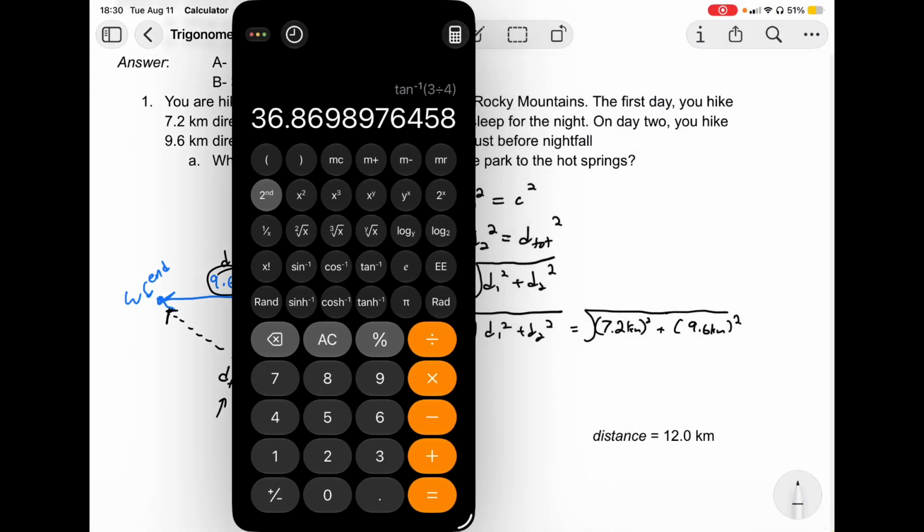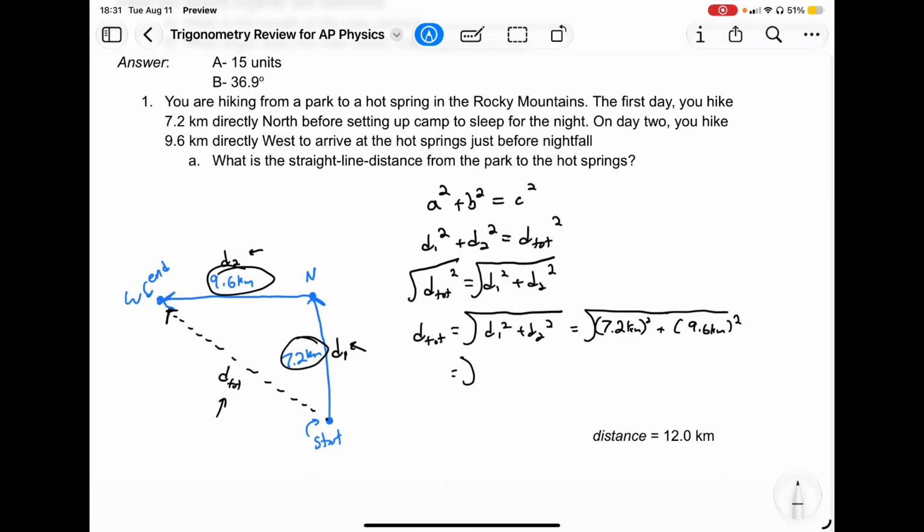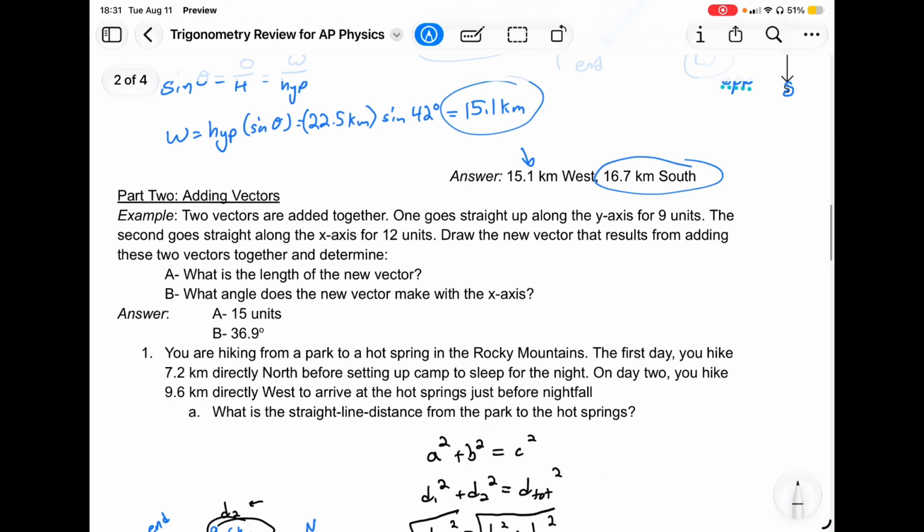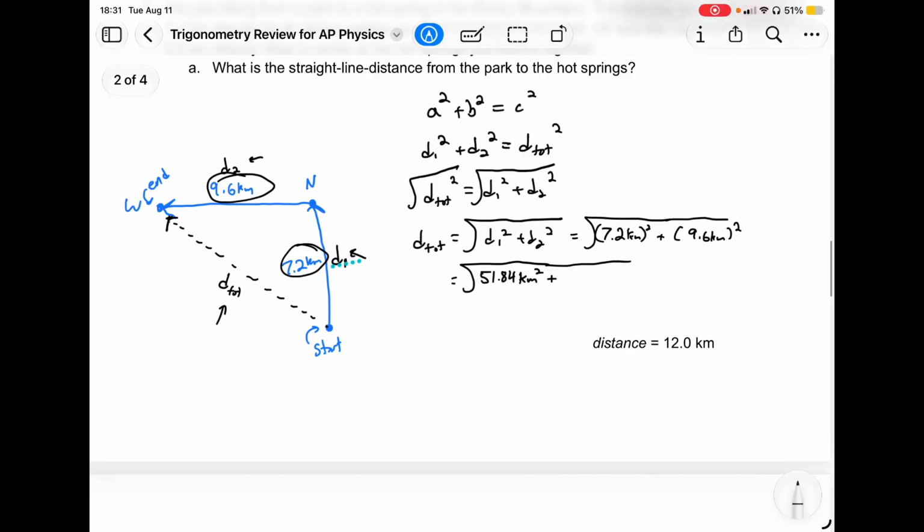So 7.2 squared will be something like 50, maybe 51. 7.2 squared, 51.84. So this will equal the square root of 51.84. And that was kilometers, but we squared those kilometers, right? So km squared, plus whatever 9.6 squared was.